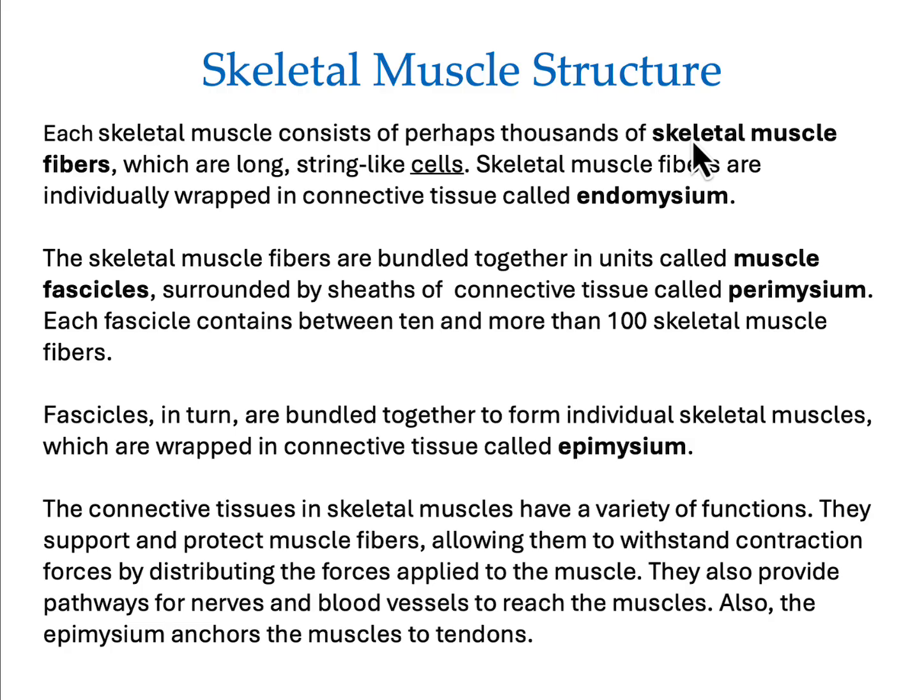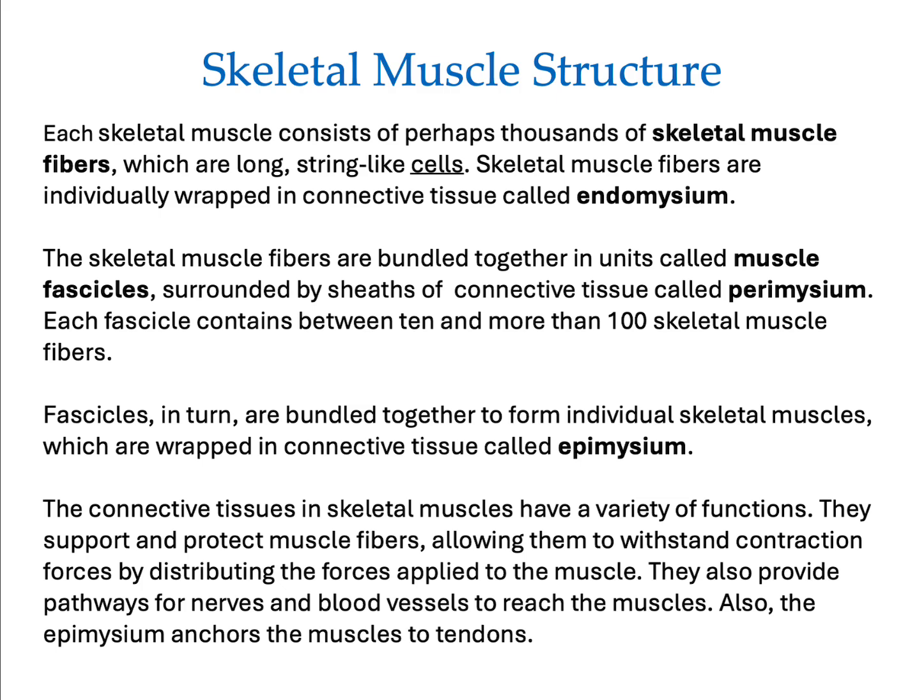Skeletal muscle structure. And now we get into more of the microscopic view. Each skeletal muscle consists of perhaps thousands of skeletal muscle fibers, which are long string-like cells. Skeletal muscle fibers are individually wrapped in connective tissue called endomysium.